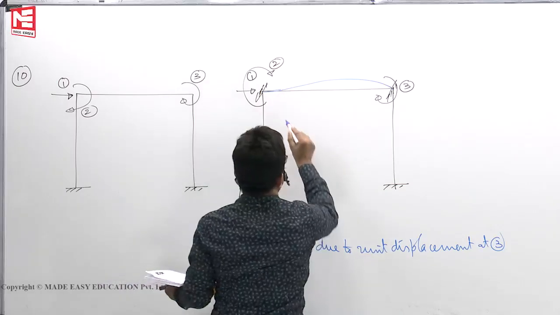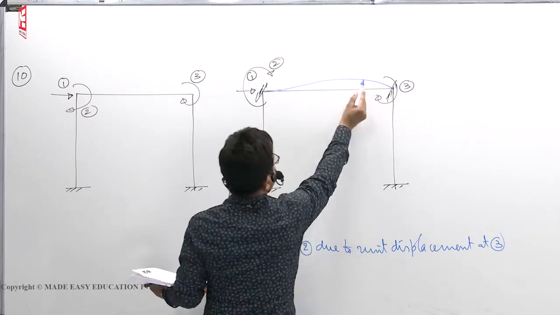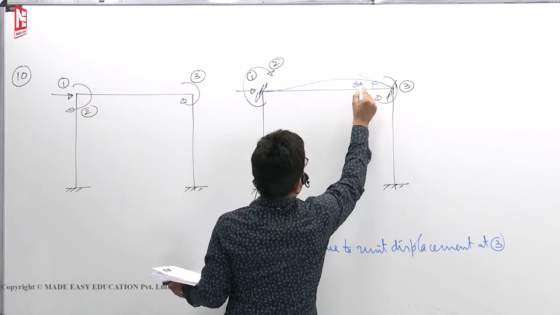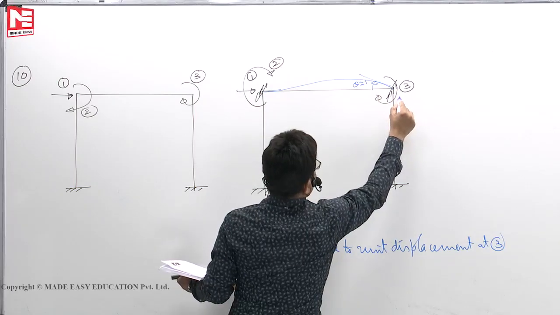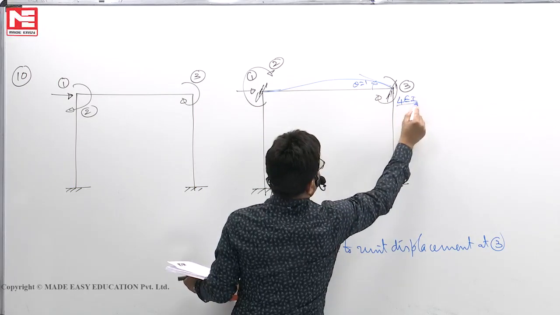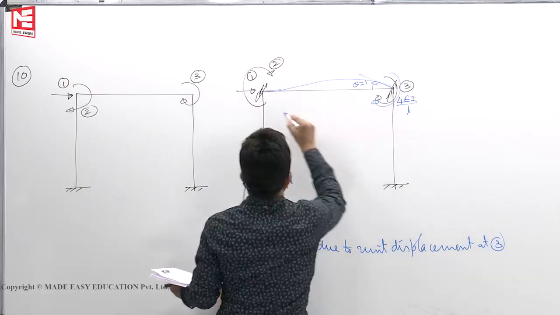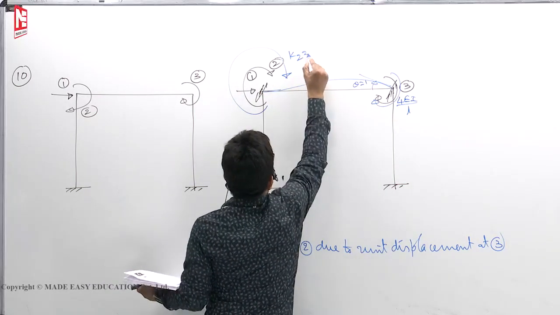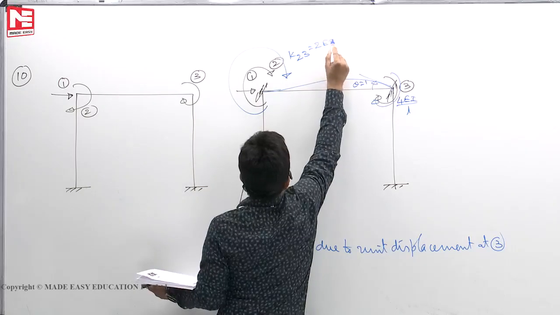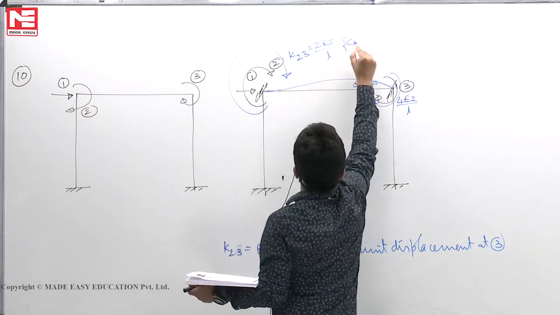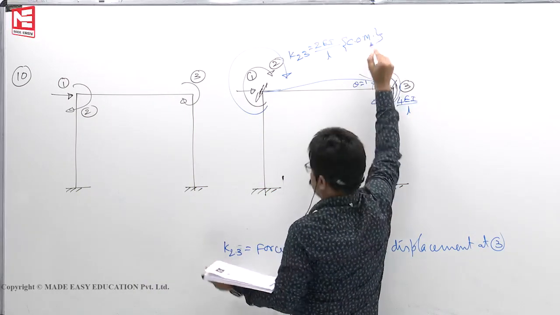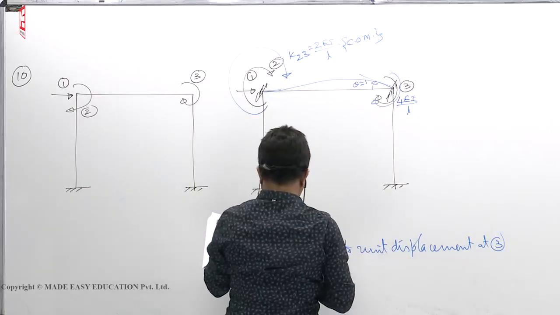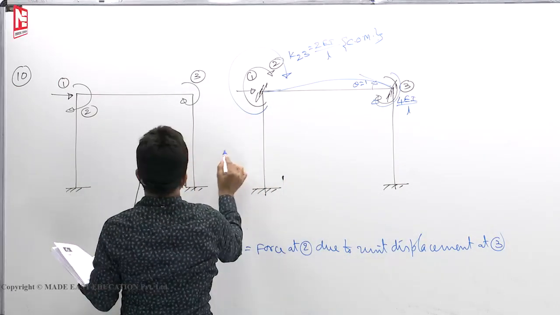Like this it will develop. So now theta is 1. What is this value? 4EI by L, we know. I have to apply 4EI by L. Because of that, force at 2 because of the displacement, 2EI by L. What is this one? Carry over moment. So 2EI by L. So 10th question, D is the answer.